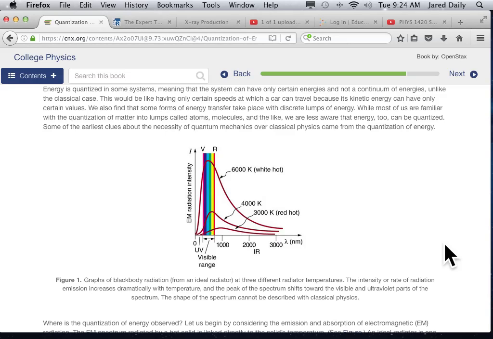And according to the classical theories of energy and light and all the things that we learned from the classical physicists before the 20th century, before Einstein, light should come off of burning things in this continuous spectrum where, as you get hotter and hotter and hotter, the light that comes from the thing that's getting hotter and hotter and hotter should change color towards the blue part of the spectrum, towards the ultraviolet part of the spectrum.